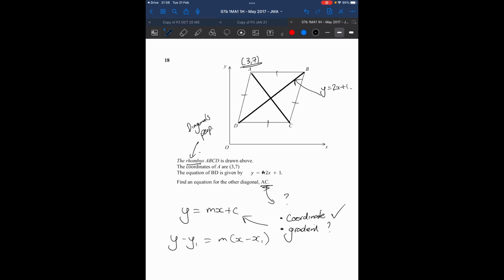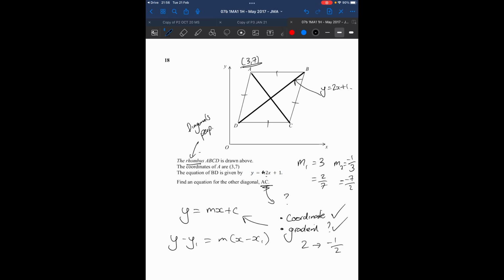So for example, if the gradient for one of the lines is 3, for the other one it will be minus 1 over 3. Let's do another one. If this is, say, 2 over 7, then for the other one, it will be minus 7 over 2. So what's the negative reciprocal of 2? Well, it's going to be minus a half.